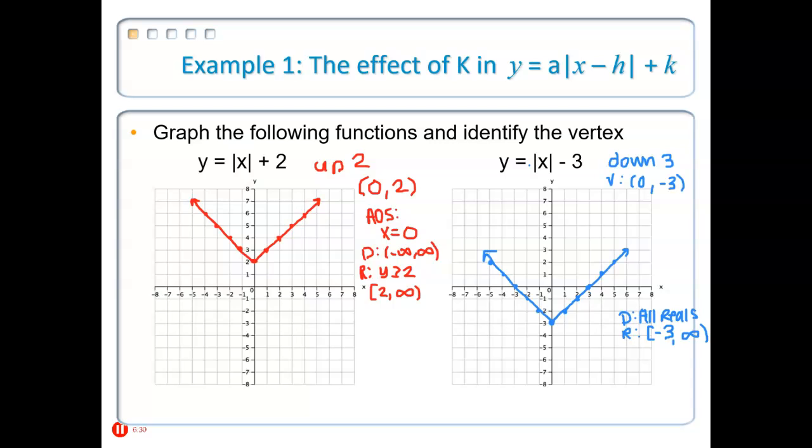Is this a function? Yes. Is this function 1-to-1? No. It's a function because it passes the vertical line test. It is not 1-to-1 because it fails the horizontal line test.